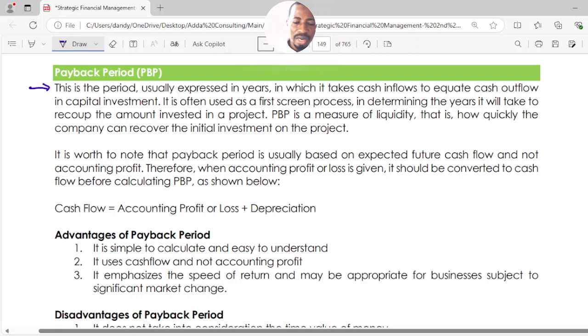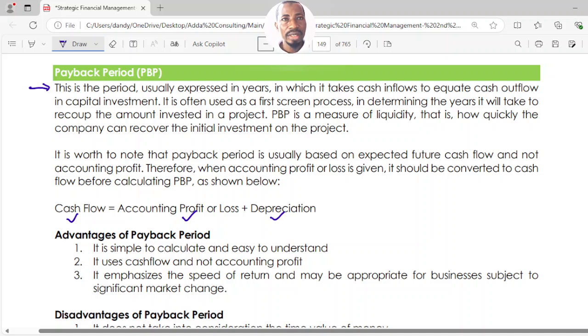That is, whenever you want to calculate payback period, or NPV, or the internal rate of return, any technique, and you are given accounting profit or loss, the most important thing you need to do is to add the accounting profit or loss to depreciation. That accounting profit or loss plus depreciation will give you cash flow. All right, please watch out for that.